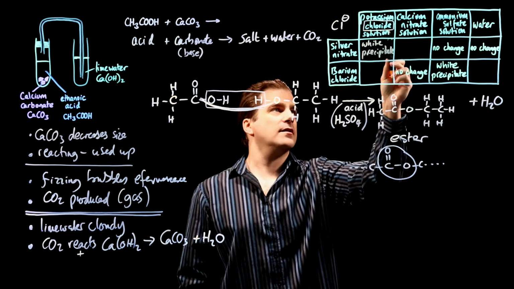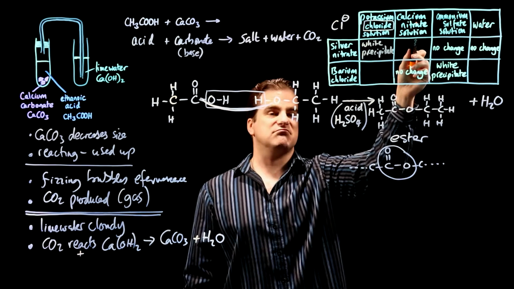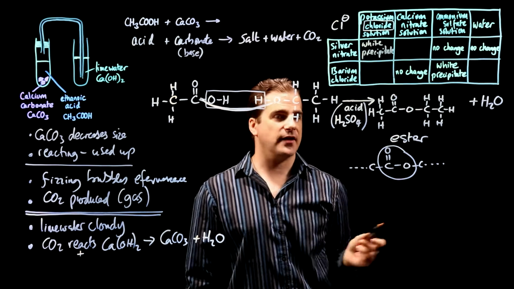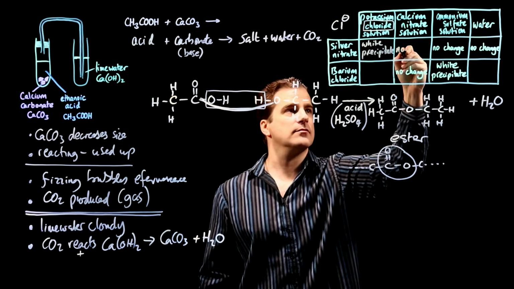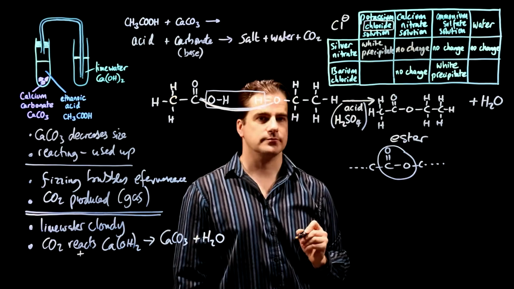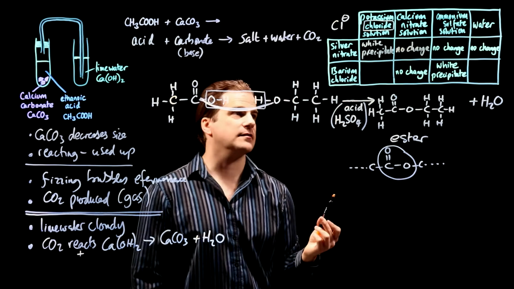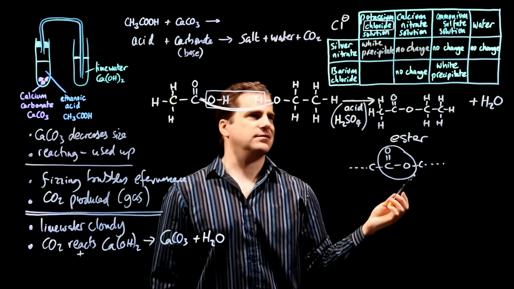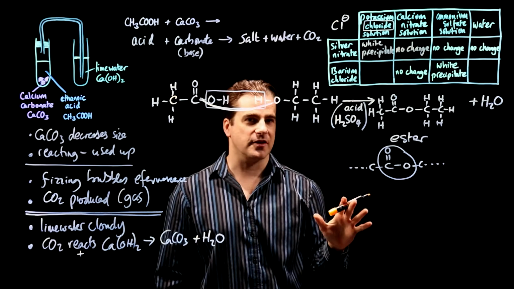Okay, what about this one? Silver nitrate. Are there any halide ions here? Calcium, it's not halide. Nitrate, nothing halide-y about that. So, nothing happens, so it's no change. Okay, good. Barium chloride, the test for sulphate ions. Well, they made it a bit easy for us, assuming you've remembered your stuff.